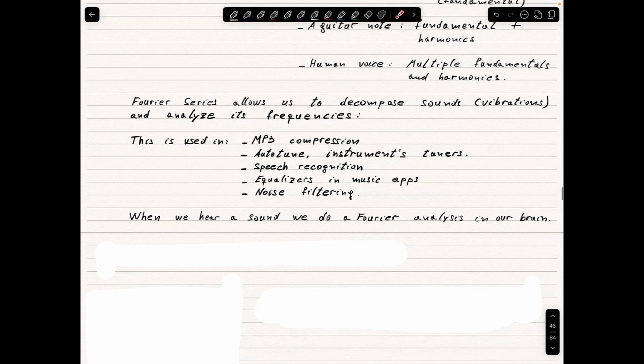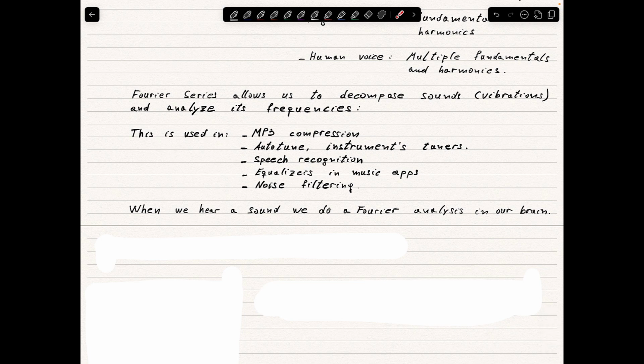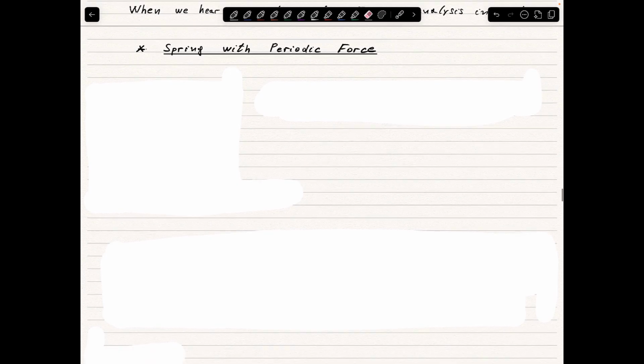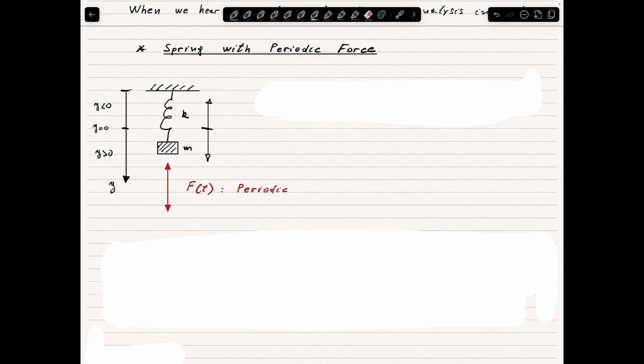Now let's see how all these general ideas work in a particular problem that we are going to focus on in this lecture, which is a mass on a spring acted on by a periodic force. So this is our system. Our system is a spring with spring constant k, and we have attached an object with mass m.